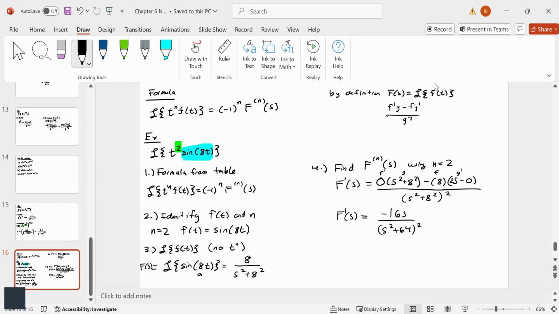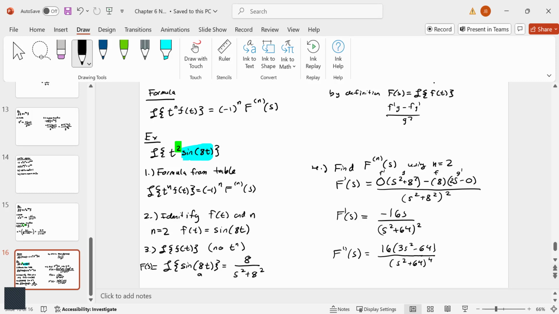And then I've got to take the derivative again, right? You can do the quotient rule yourself on the second one after seeing the first example. But if you do this correctly, you're going to get 16 times 3s squared minus 64 all over s squared plus 64 to the fourth power, right?